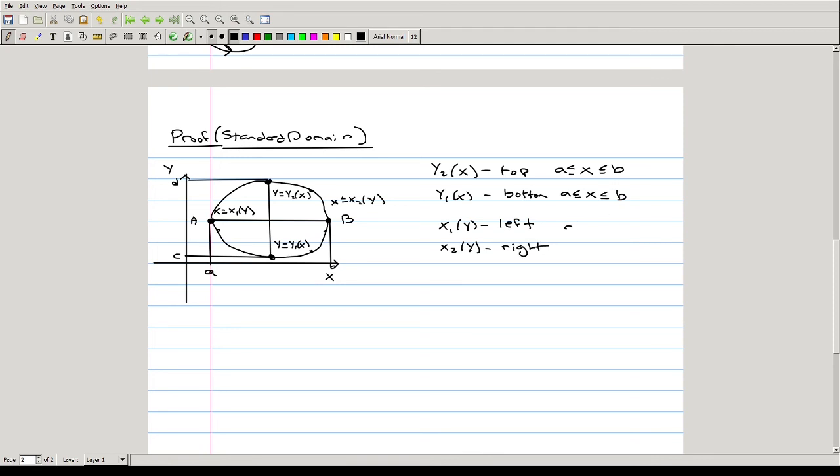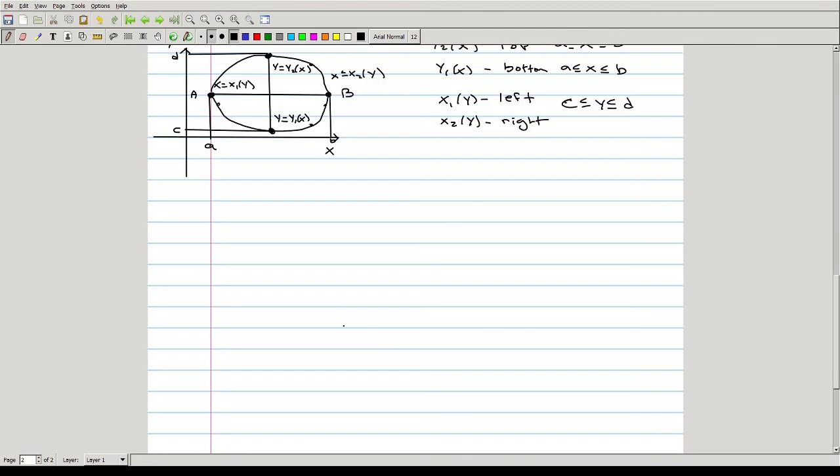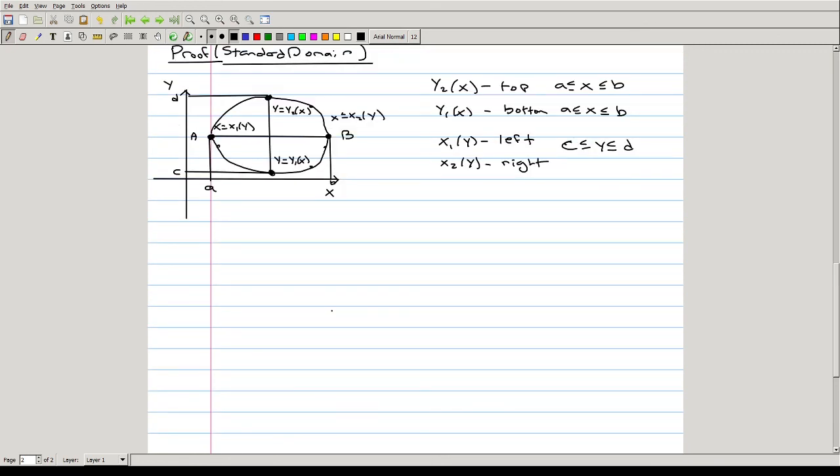And again, both of these are for y from C to D. And you'll notice that I labeled points here. I'm going to label this point capital A, this point capital B, the bottom point C, and we'll label the top point D, just for help in describing.